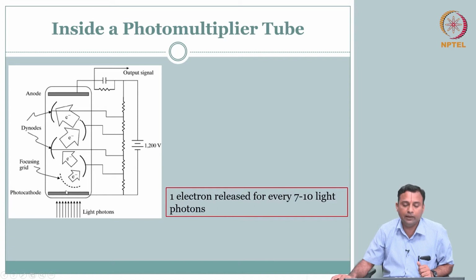Once this is there, you see these structures, also called focusing grids. These are dynodes, each one kept successively at a higher voltage than the previous one. This is used to steer the electrons. So for every 7 to 10 light photons you have one electron, and this one electron is steered toward the dynode.